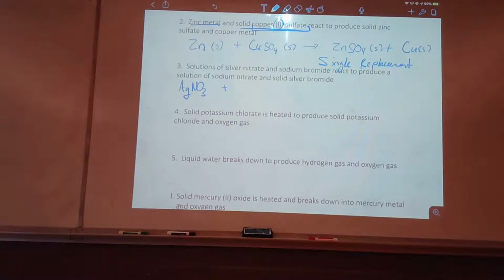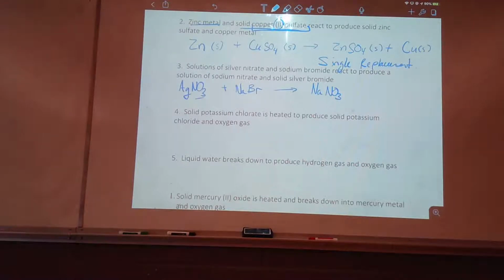And then we're reacting that with sodium bromide. So that's NaBr, also a +1 and a -1 ion, so they match perfectly. And then they react to produce a solution of sodium nitrate and solid silver bromide. Sodium nitrate is Na and then the nitrate partner, NO3.